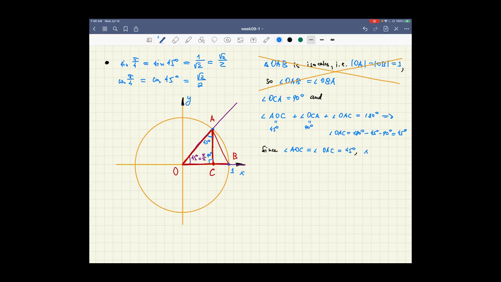The triangle OAC is isosceles, with OA being a base and the other two sides being equal. Therefore, the length of the side OC and the side AC are the same.